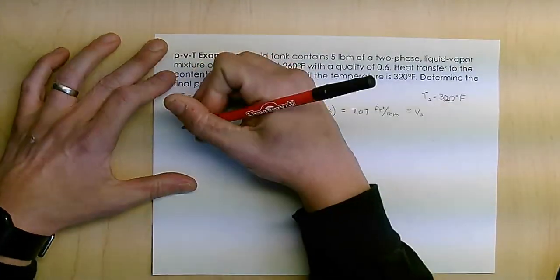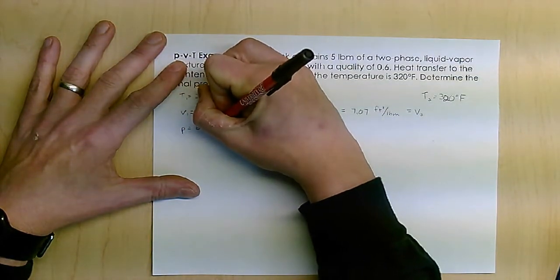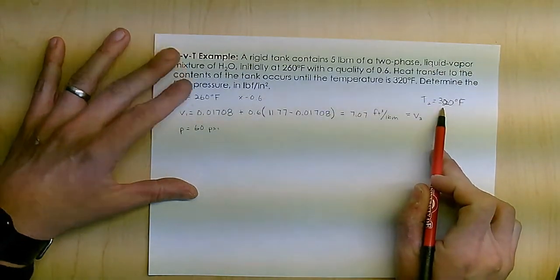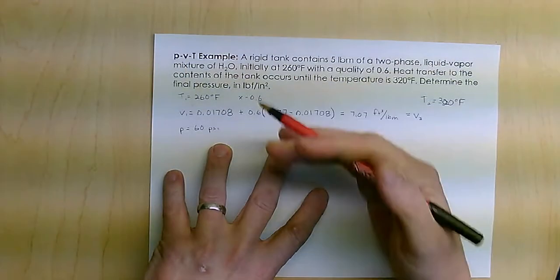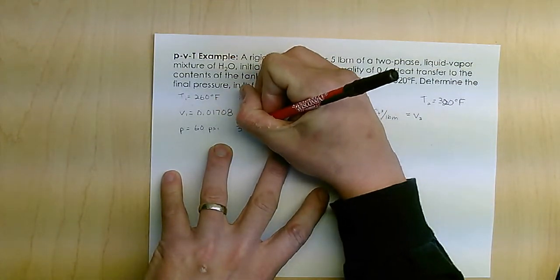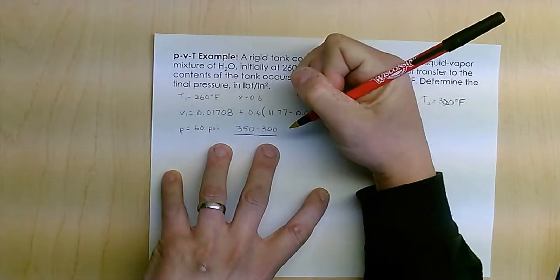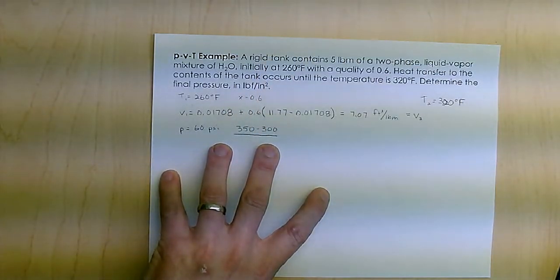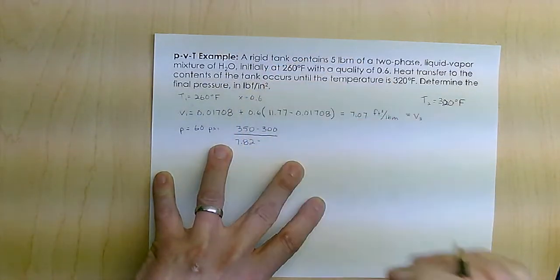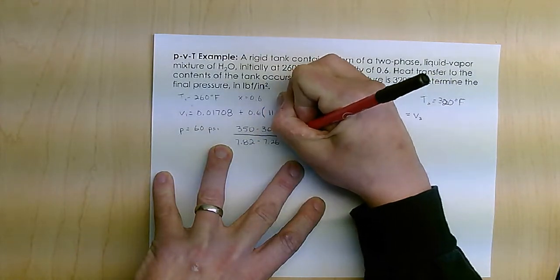Okay, so for a pressure of 60 psi, and again a temperature of 320, I can set up my slopes here, which is going to be 350 minus 300. That's what's in the table. And then I use my volumes, which are going to be 7.82 from the table and 7.26 from the table.